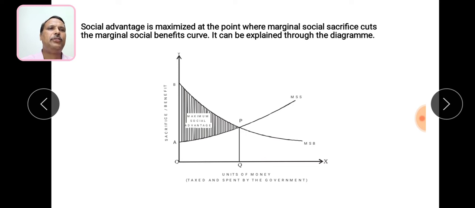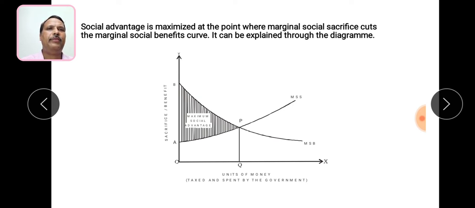MSS, marginal social sacrifice, is the result of the payment of taxes by the individual or community. MSB, the marginal social benefit curve, is the benefit derived by the community from public expenditure.